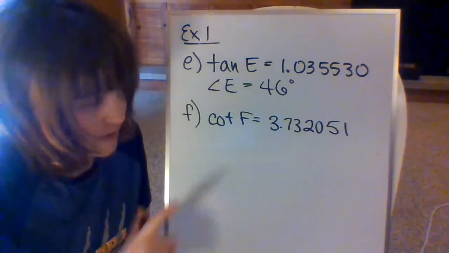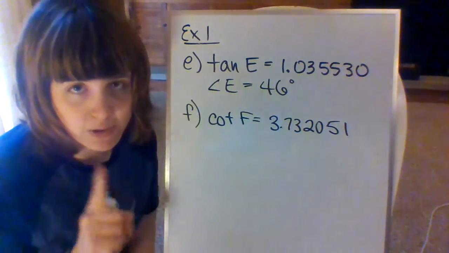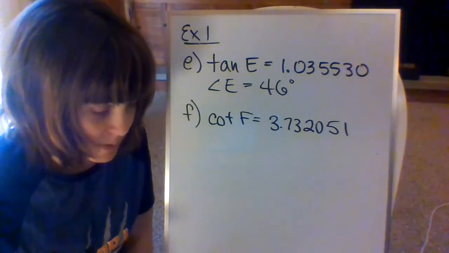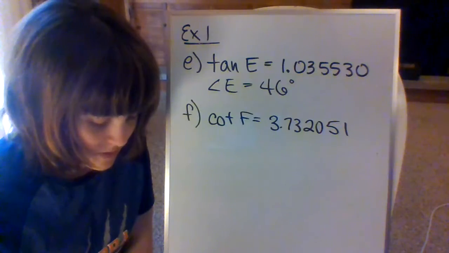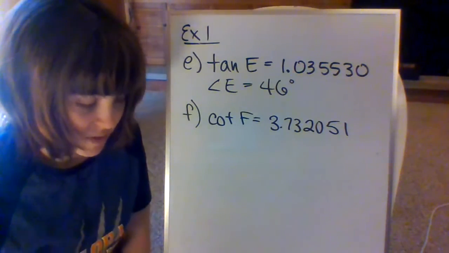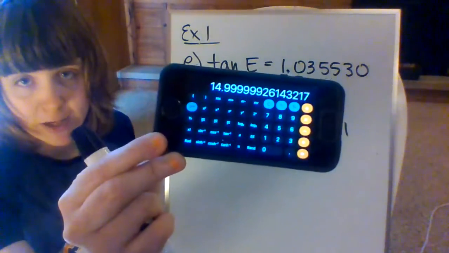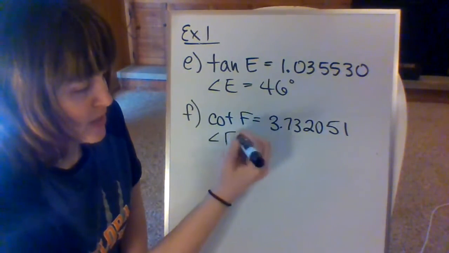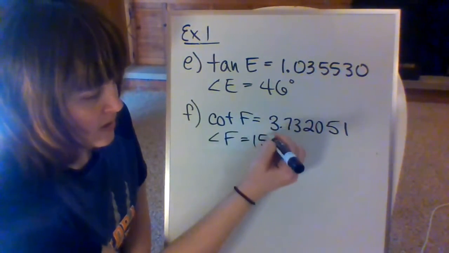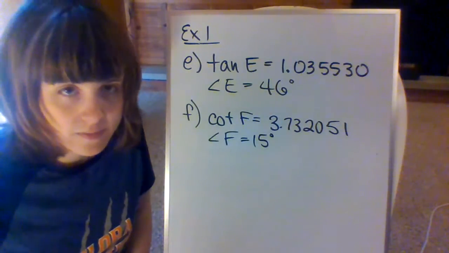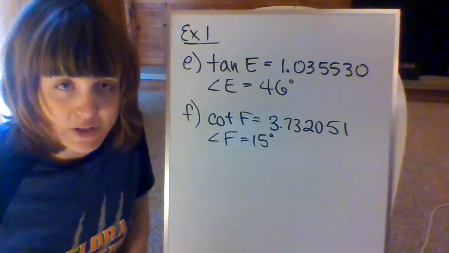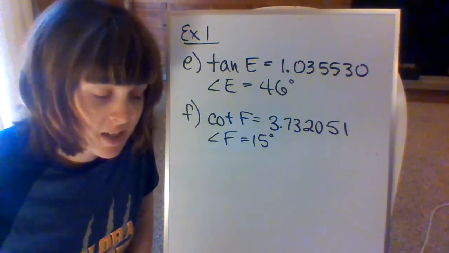Then this is the reciprocal of tangent, so we're going to press 1 over x, and then we're going to press tangent inverse. And if you round this to the nearest degree, that's going to be 15. So angle F is 15 degrees. Okay, so that's example 1, using trig functions to find angles.